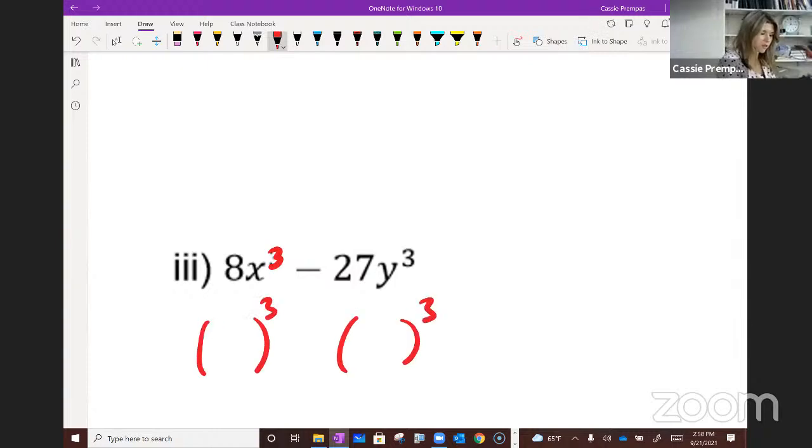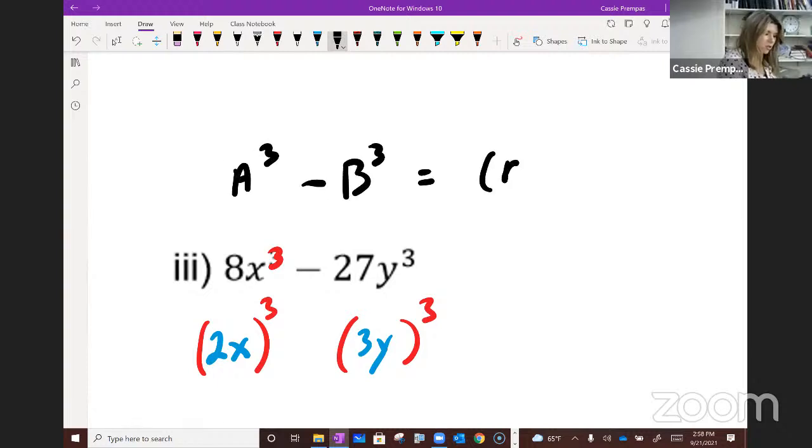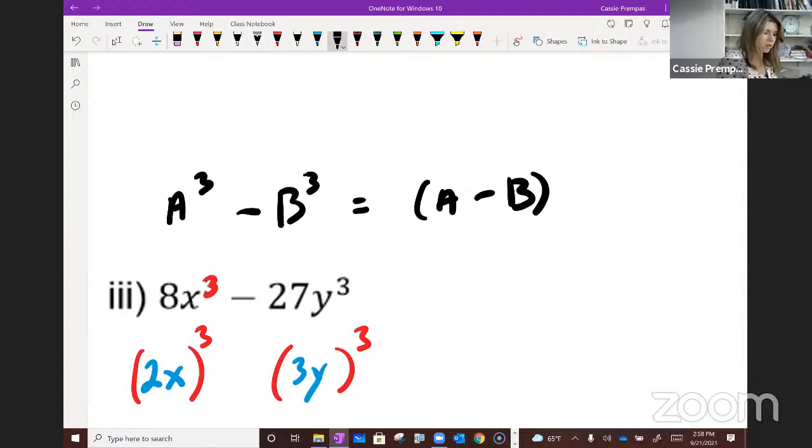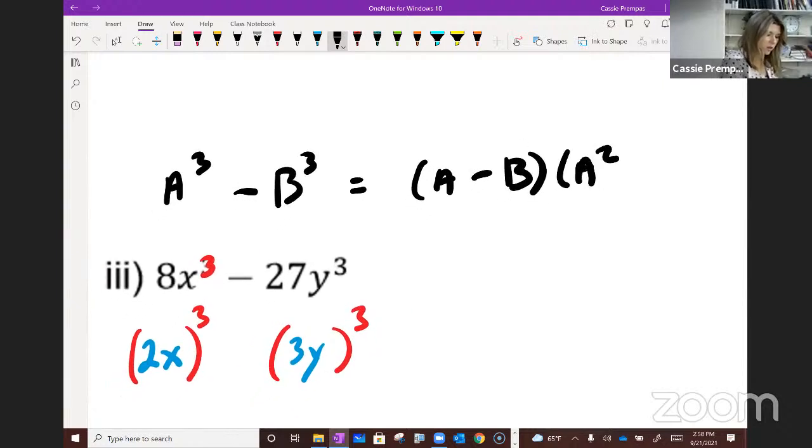And is this the result of something cubed? What cubed gives me 8x cubed? Nice. What cubed gives me 27y cubed? 3y. Now I'm going to write this rule again, even though hopefully you're getting it better by now, because this one's a little tricky in how to fill in. So a minus b, a squared plus ab plus b squared.